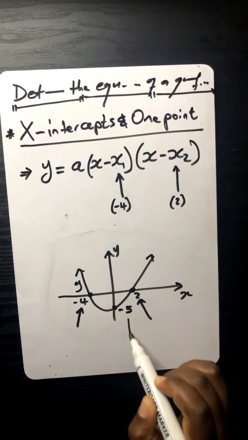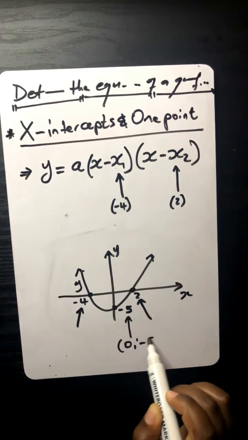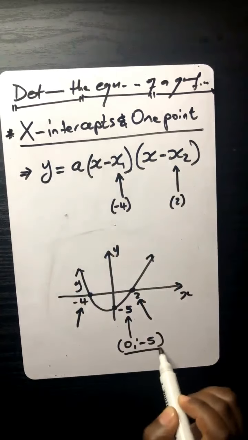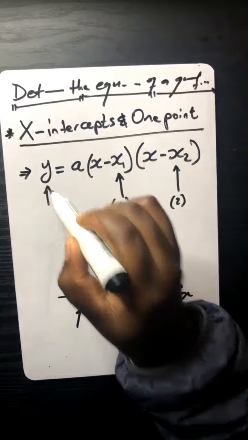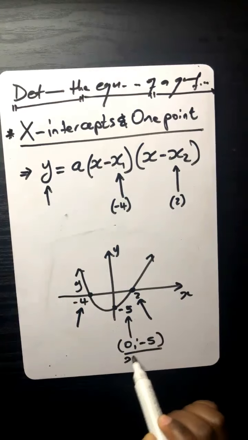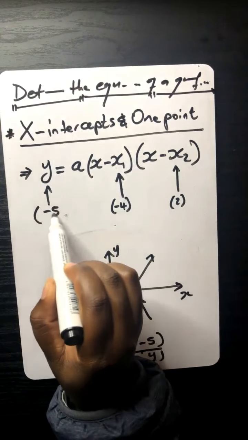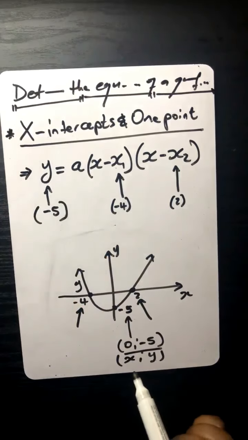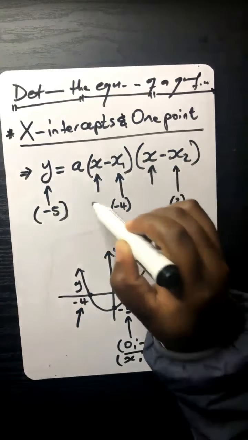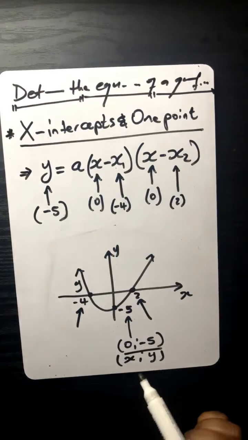We notice that we've got that point where x is 0 and y is -5. So you substitute this point there, where this is x and this is y, meaning your y value is -5. What is your x value? Your x value is 0. So can you see, guys?